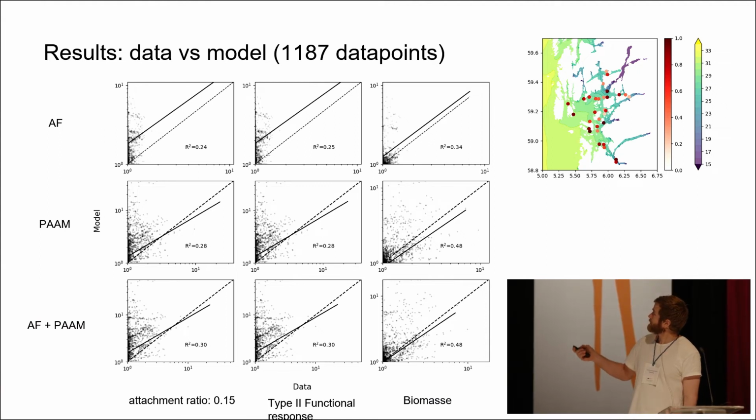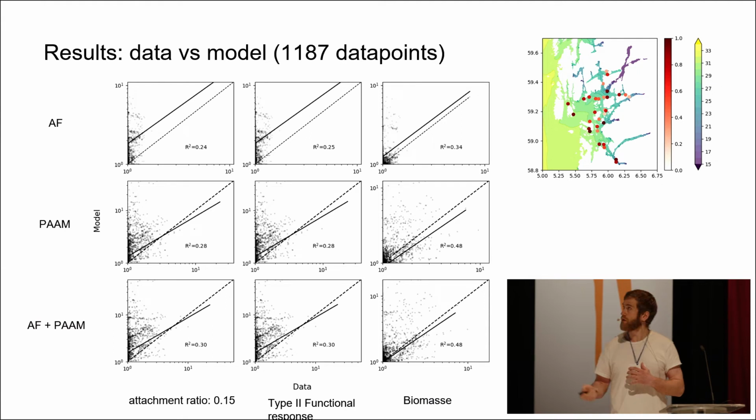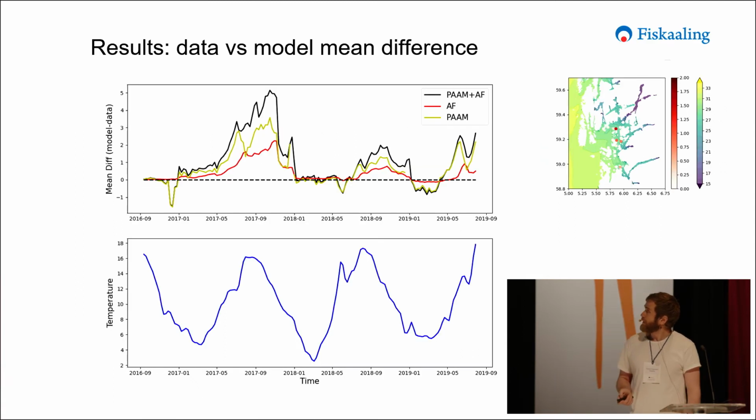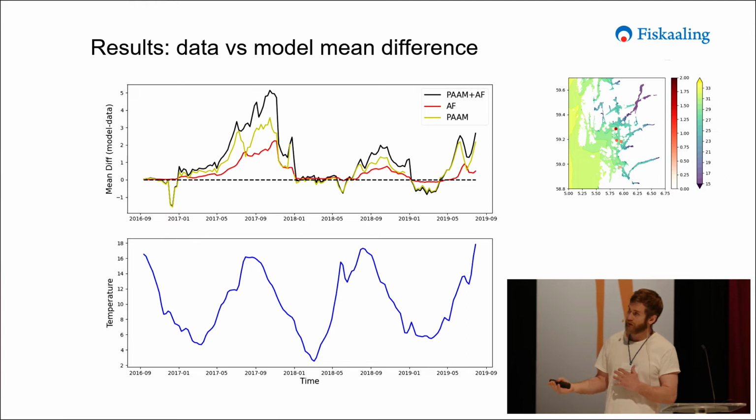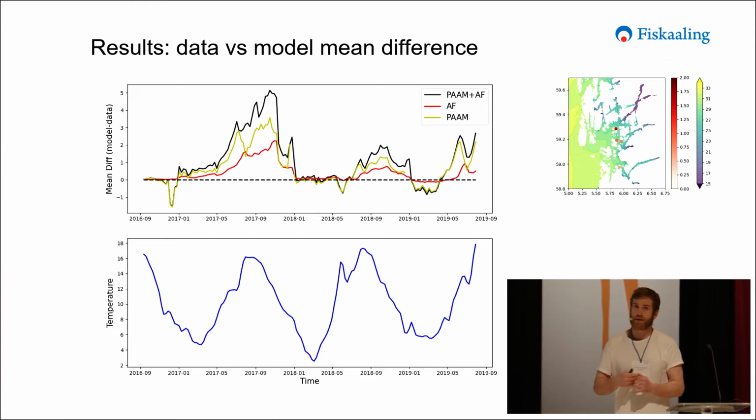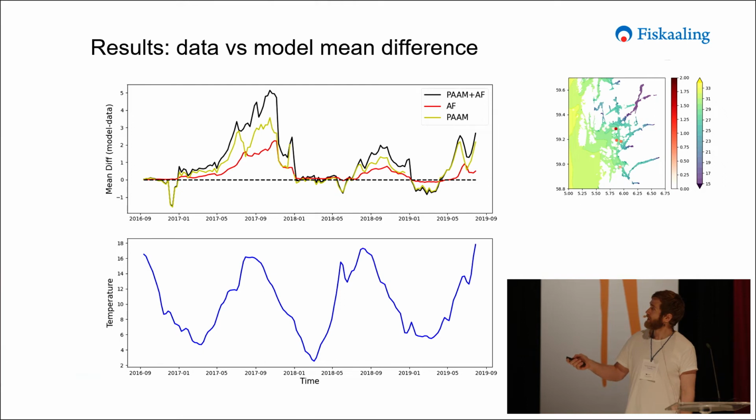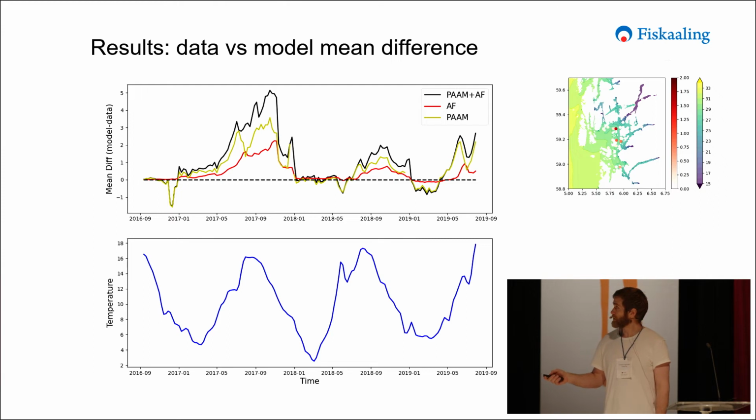And if we look at, maybe it's not that clear here, but if we look at the R square for each farm, most of the farms that are very badly correlated with the model are found in the fjord canals. If we look at the difference between the model and the data over the simulation period and take the mean difference across all farms, we see that the model overestimates the lice counts quite a bit, at least especially in this warmer period here in 17.